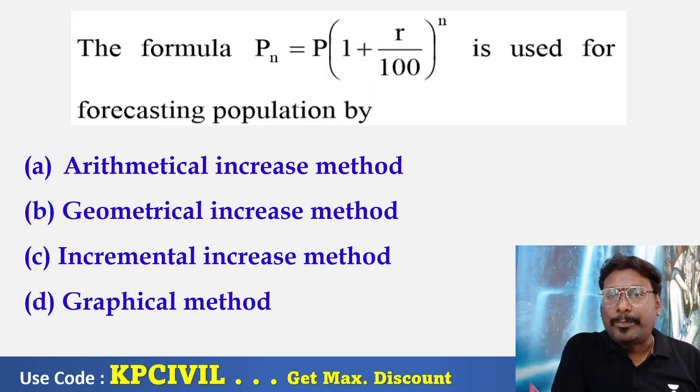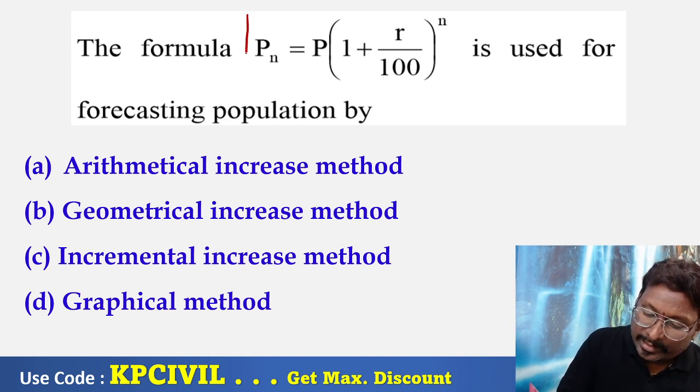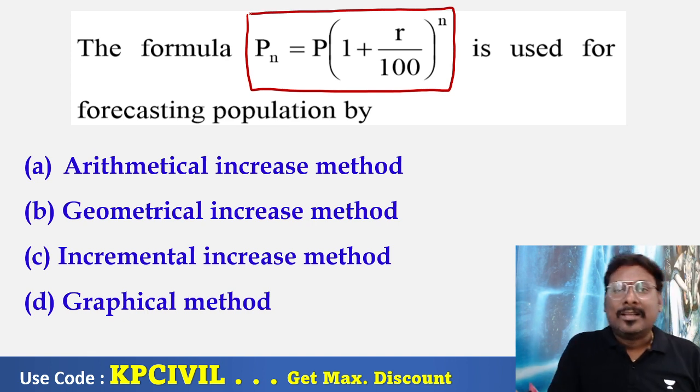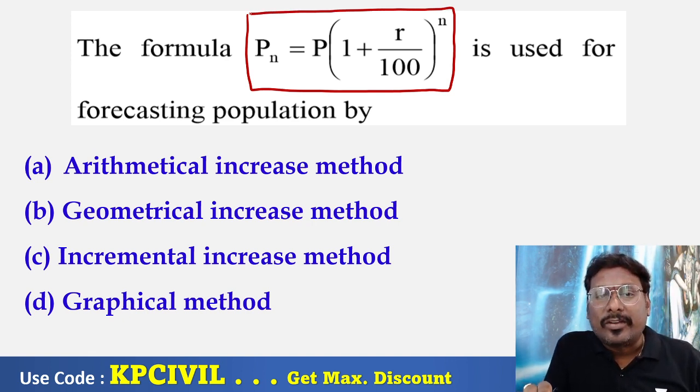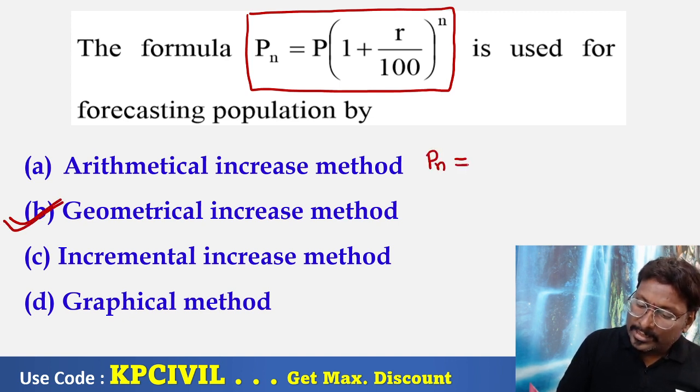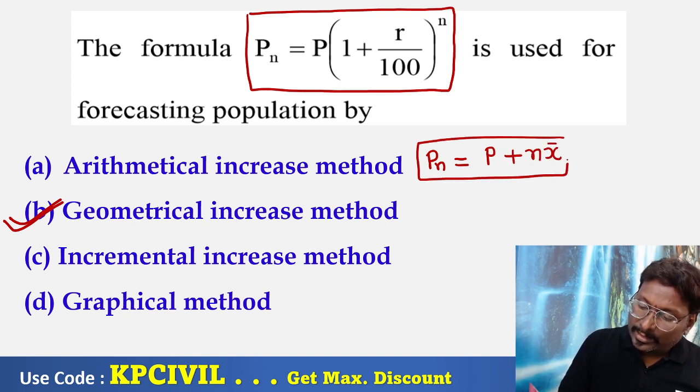The formula is Pn is equal to P into (1 plus R by 100) whole power n. Just now we solved a question regarding this; it is used for forecasting. For arithmetic, Pn is equal to P plus n into x bar. This is geometrical.